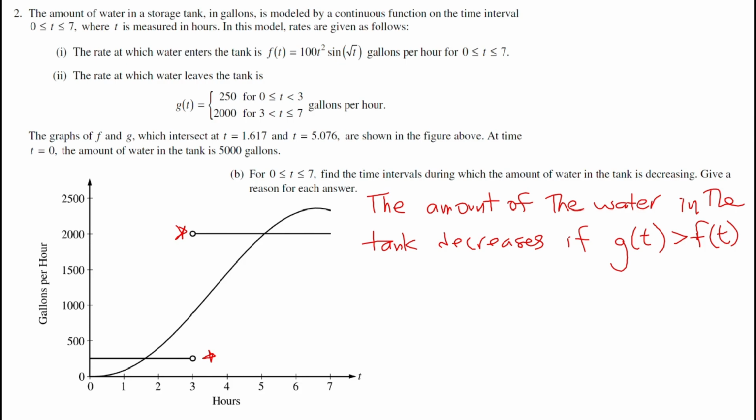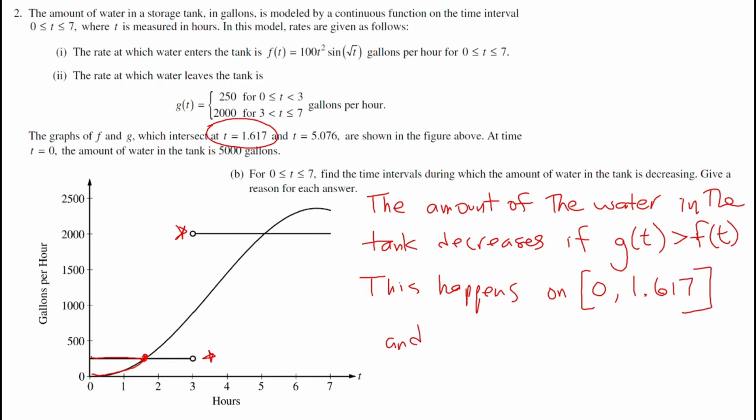So it sure looks like, according to our graph, this is happening on, well, the line is above the curve here from 0 to that first intersection point, which it gives us as 1.617. So we'll say this happens on 0 to 1.617.